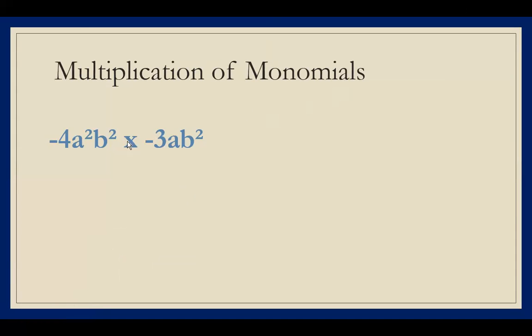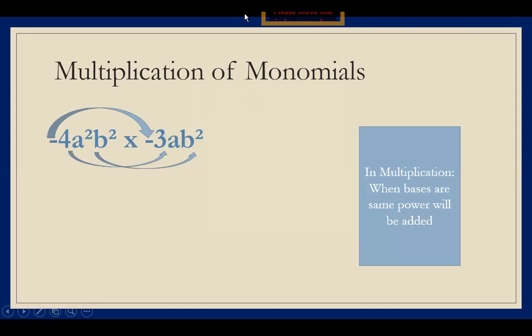you can see minus 4a square b square is going to be multiplied with minus 3ab square. How can we multiply? First, we have to multiply the signs, then the coefficients, then the variables, right? So minus minus, we get plus, then 4 threes are 12.